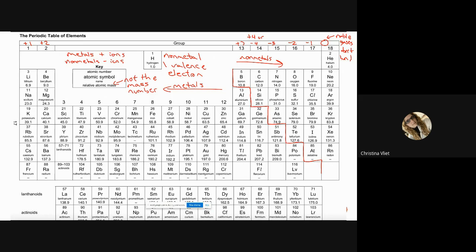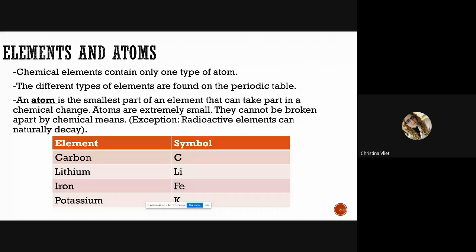You cannot have 0.5 of a neutron in an element. They have to be whole numbers. So these decimals, for now, you're going to disregard those numbers at the bottom. When we get to moles, we'll circle back to what this is, because we'll need that information then when we calculate large amounts of compounds and elements.